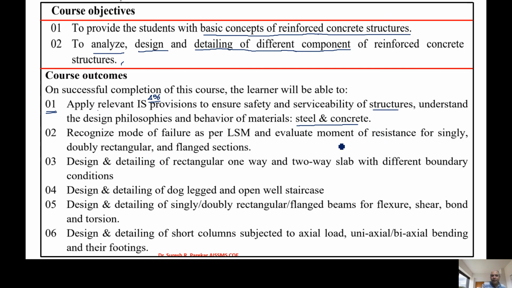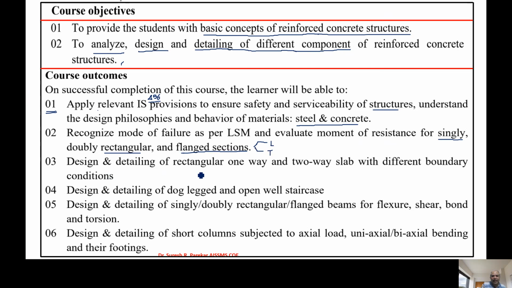So we have these 3 types of cross sections: singly, then doubly, both of which we call rectangular, and then flanged sections, where we have L and T.